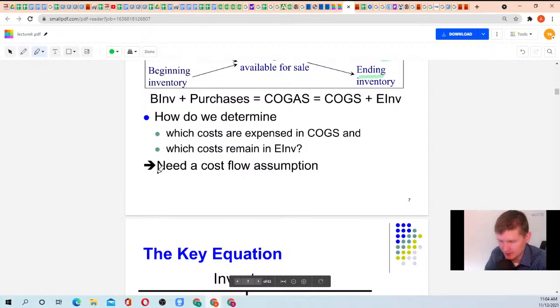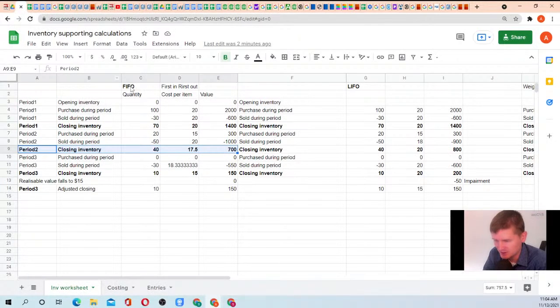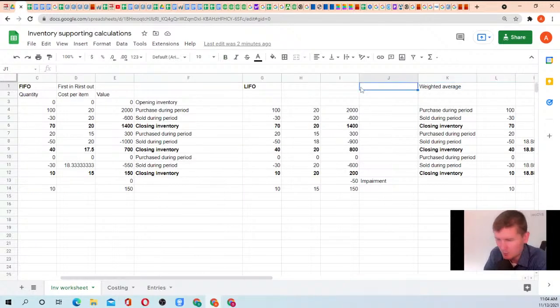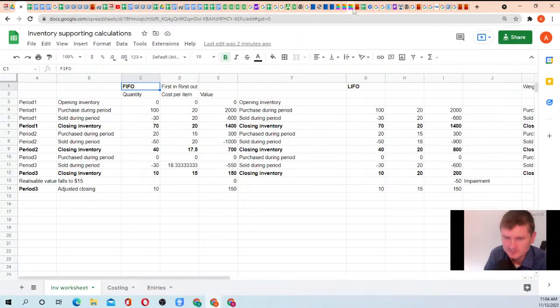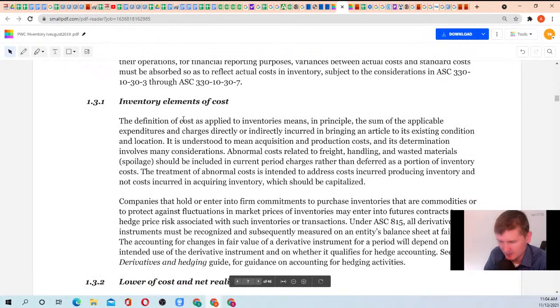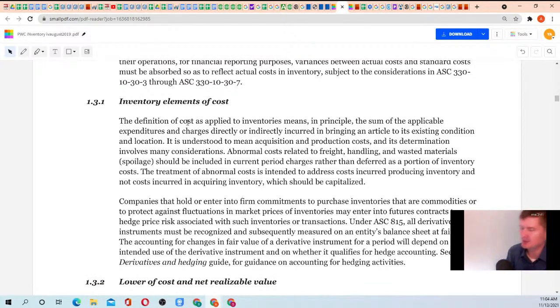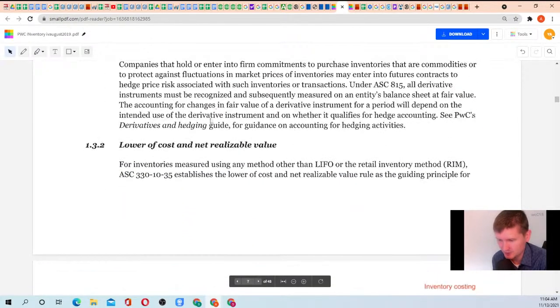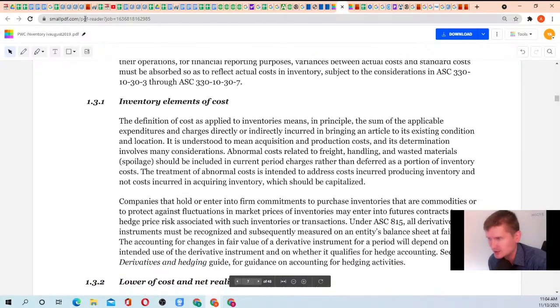We need a cost flow assumption. That assumption is first in, first out, last in, first out, or weighted average. It's described in the same way in the accounting standard. So I will switch between the accounting standard and the presentation, just to show you that it is all about the same.